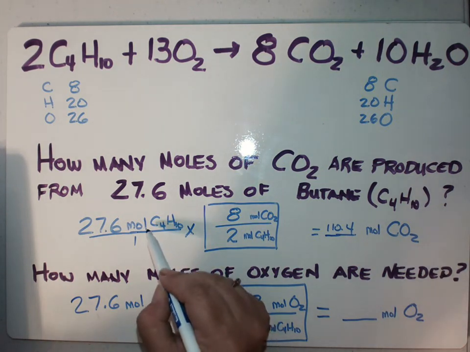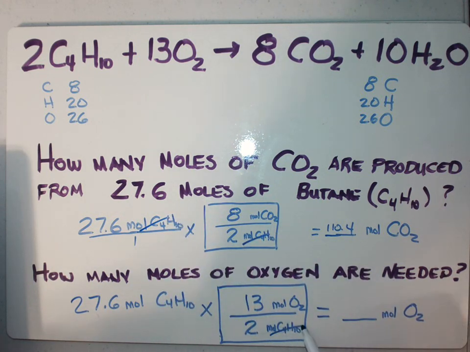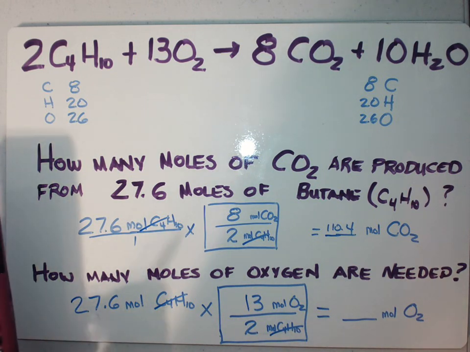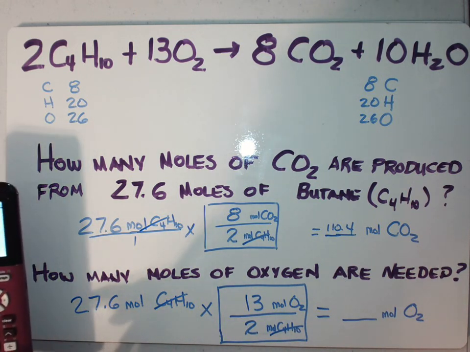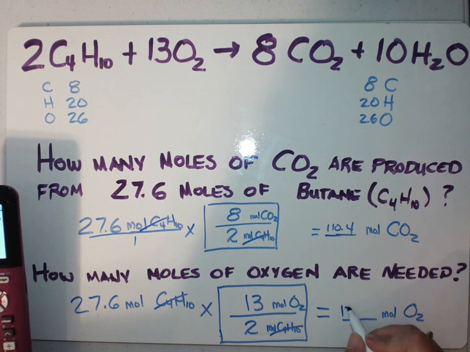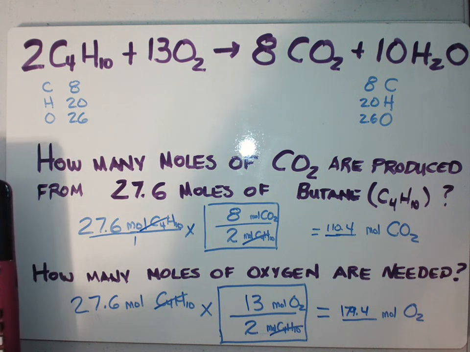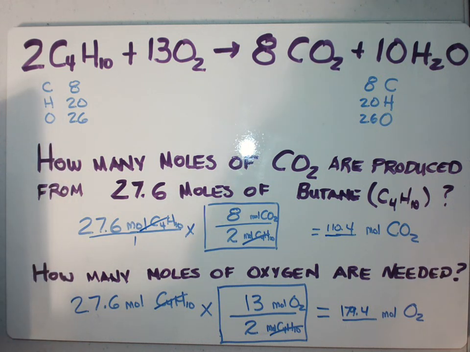And I didn't do this up here, but I really should have canceled that out. So then I'm left with that. So 27.6 times 13 divided by 2, and I get 179.4 moles of O2.